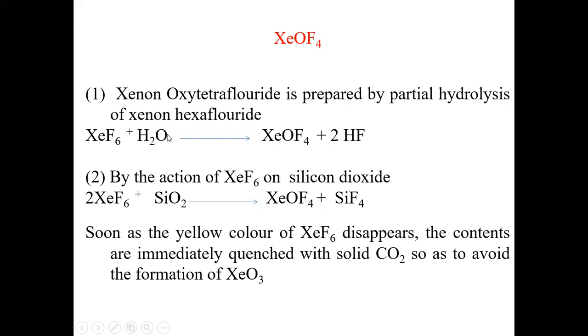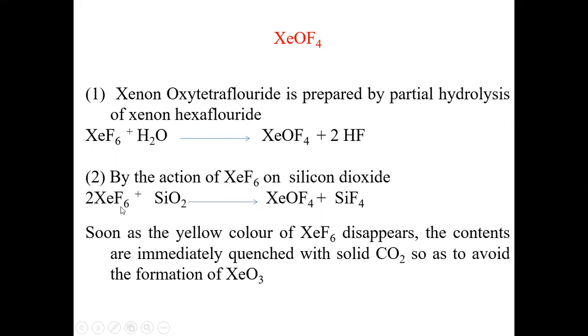So xenon oxytetrafluoride is formed with elimination of two hydrogens, and they form 2HF: xenon oxytetrafluoride and hydrofluoric acid.